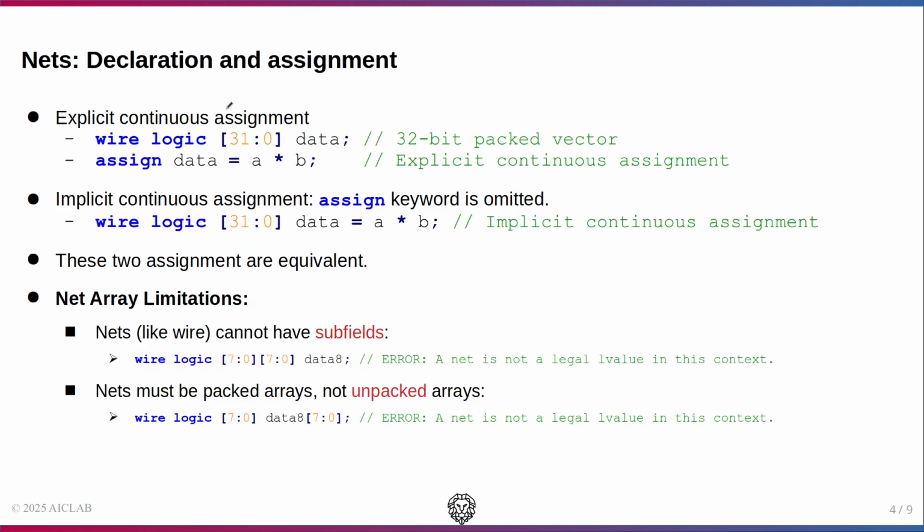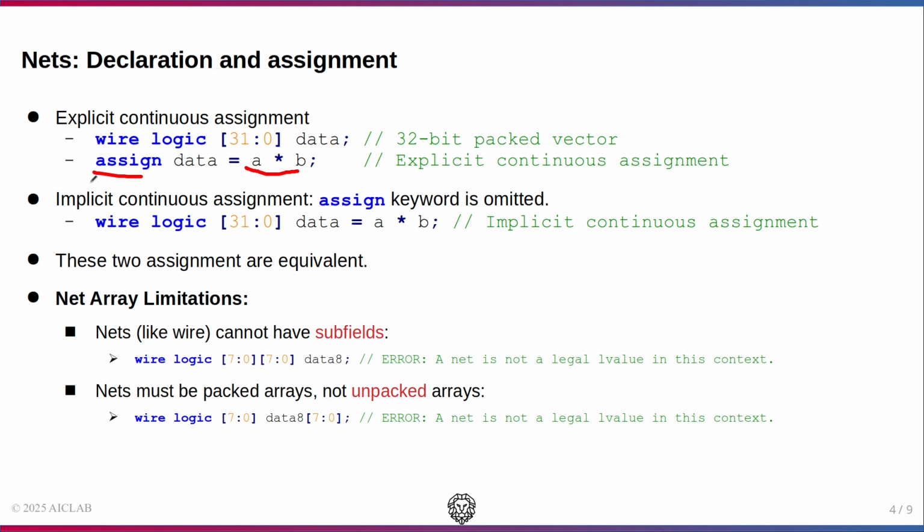Net declaration and assignment. There are two ways to declare and assign nets. First, explicit continuous assignment. In the first line, we define a 32-bit packed vector data by using wire logic, and then we use the assign keyword to assign an expression or value to the data.